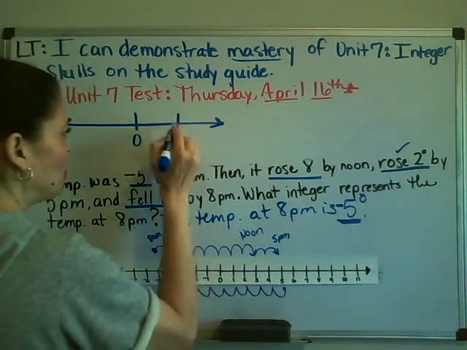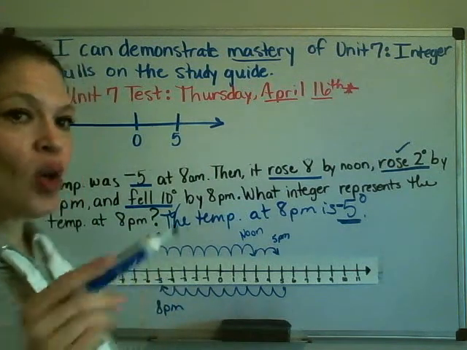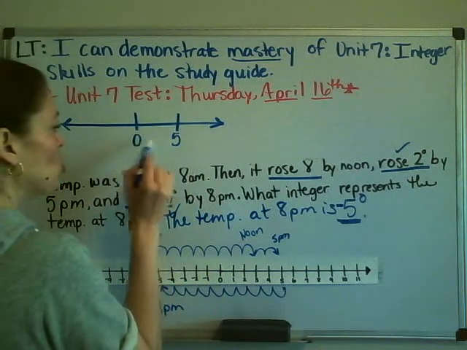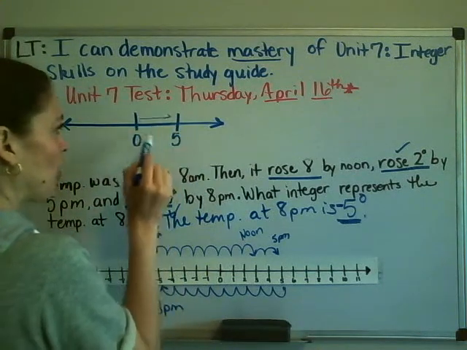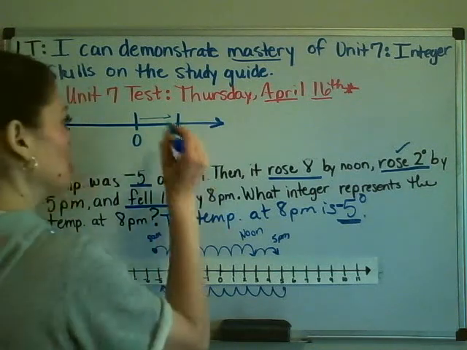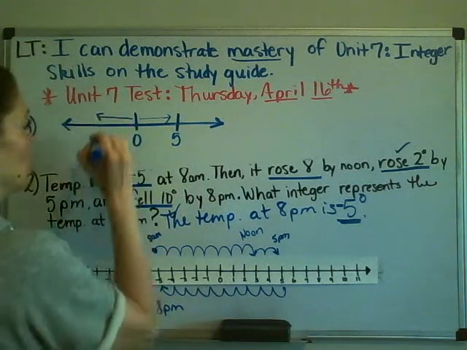That's positive 5. Now, how do I know if a number is an opposite to another? Well, they have to be the same distance apart from 0. So positive 5 is 5 units to the right. That means that its opposite has to be 5 units to the left.